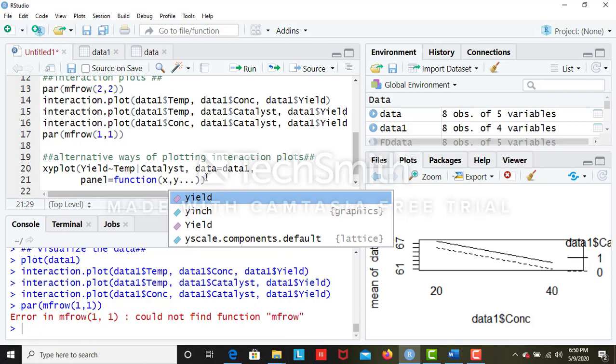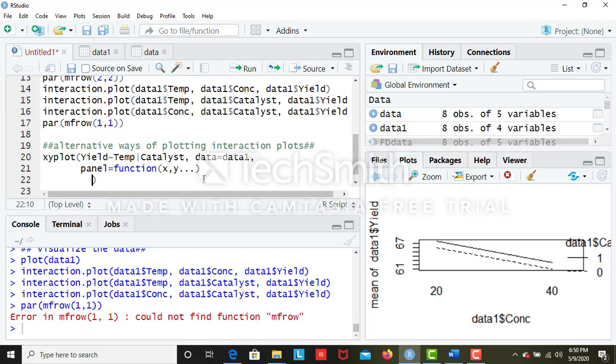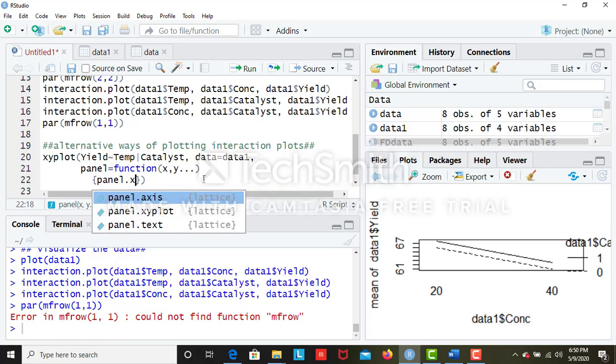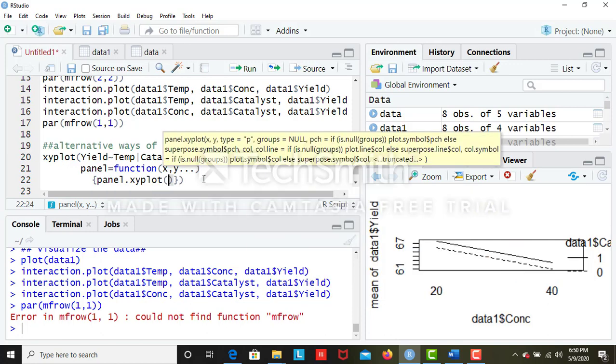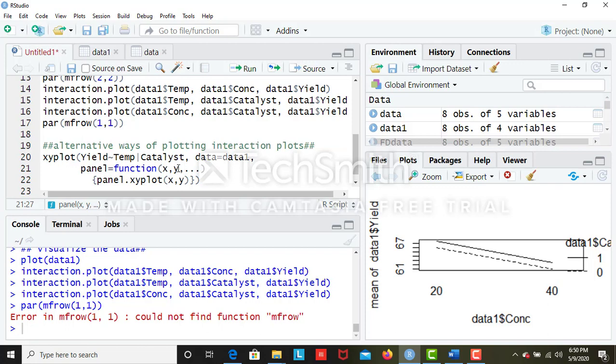Then here, I'm going to have curly brackets, panel.xyplot with x comma y. I forgot a comma here.